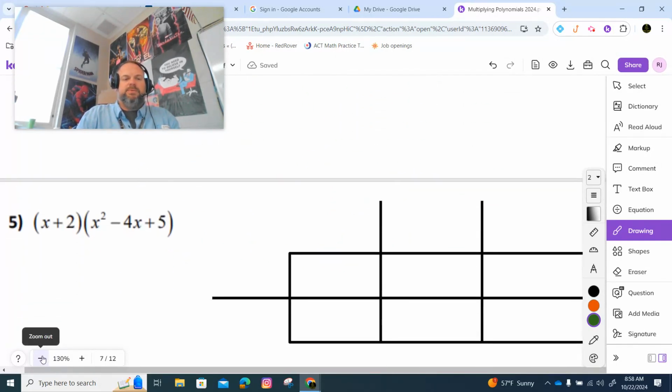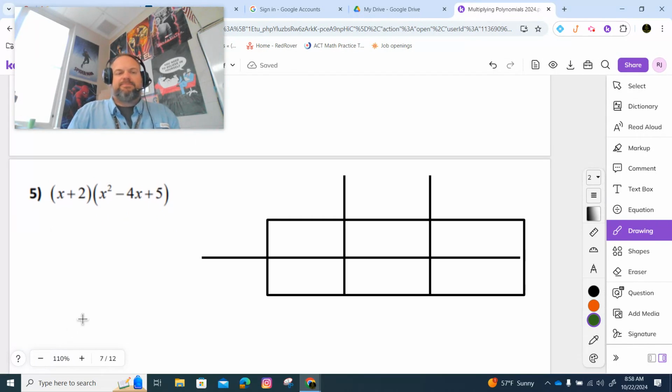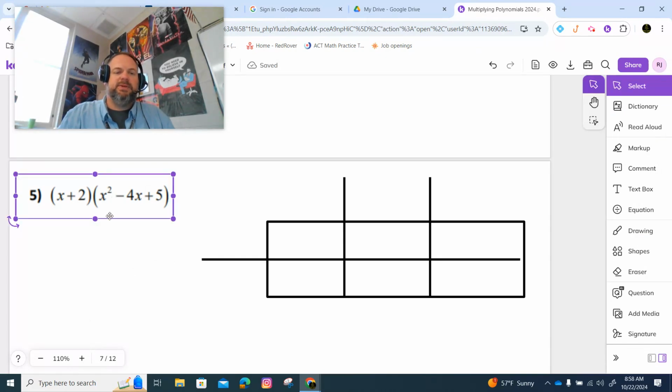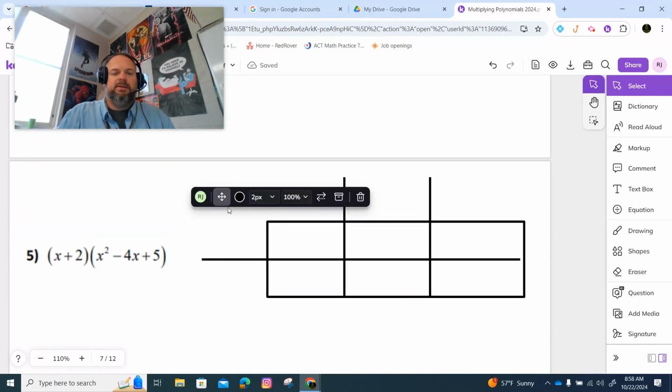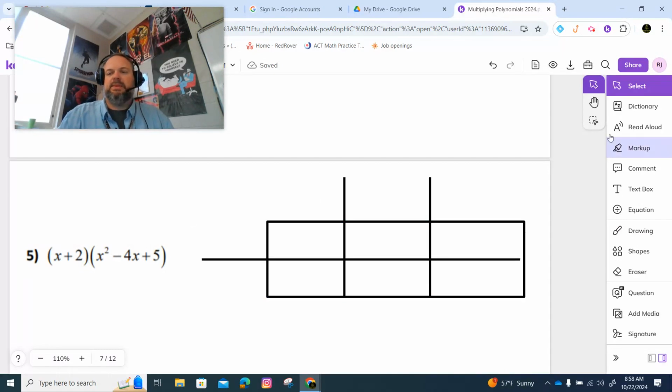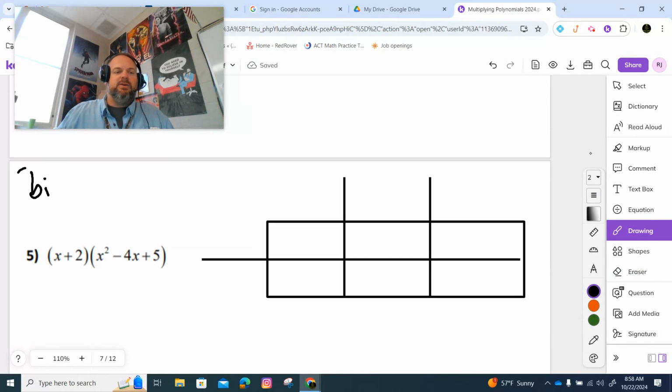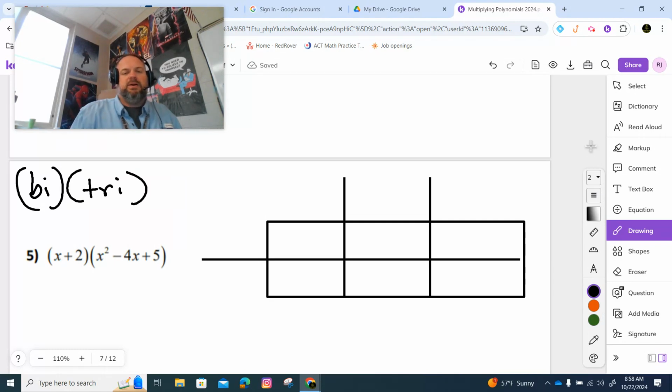All right. This special case also has a name. This is a binomial times a trinomial. A bi times a tri.